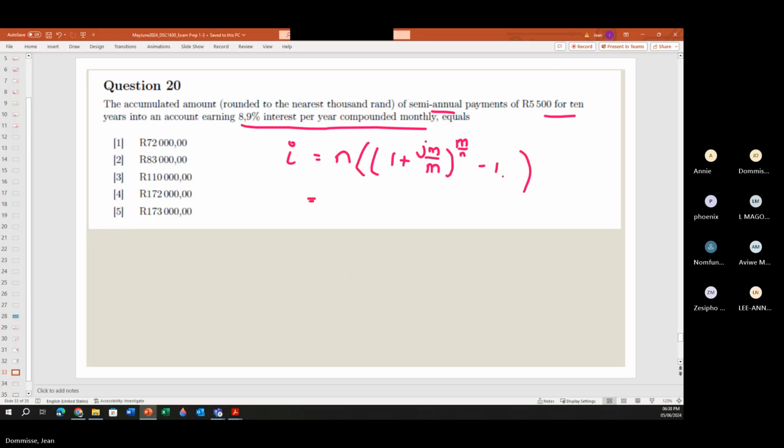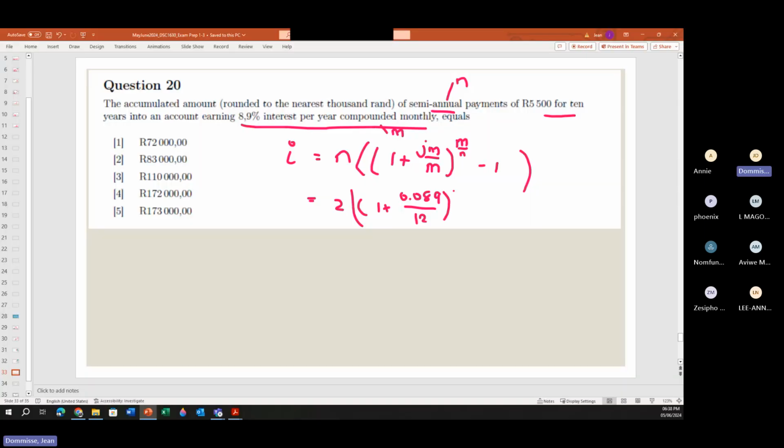So n is looking at the semi-annual, compounded monthly is the m. So we've got 1 plus jm, so that is our monthly interest rate of 0.089 divided by m, which is 12.